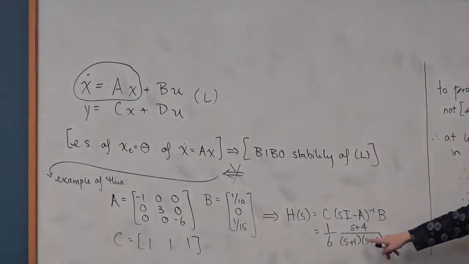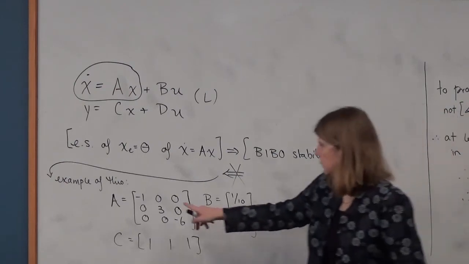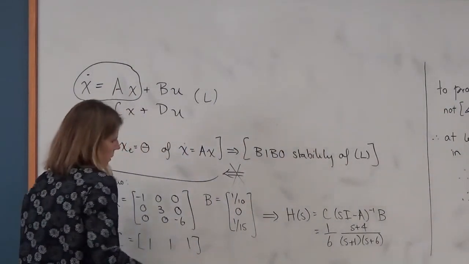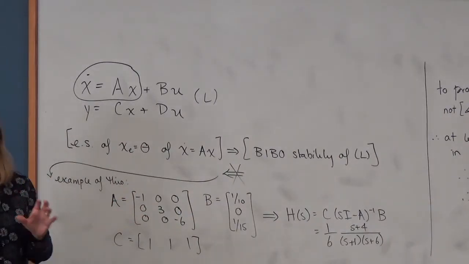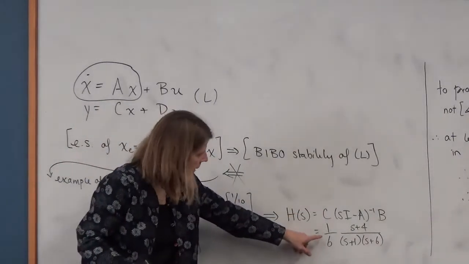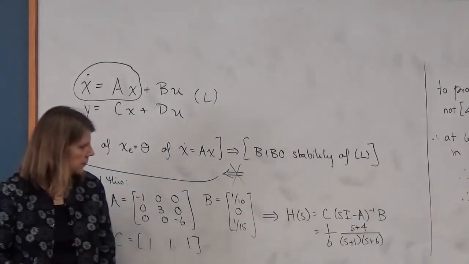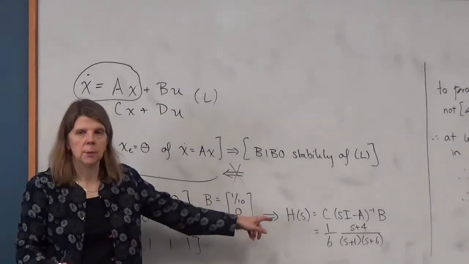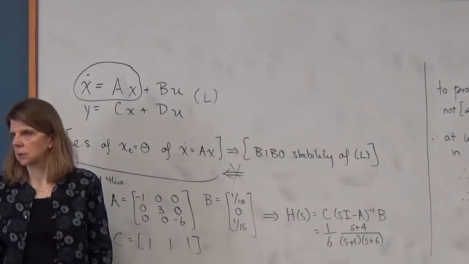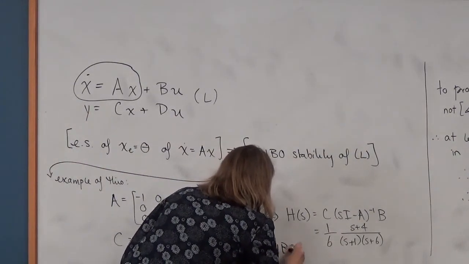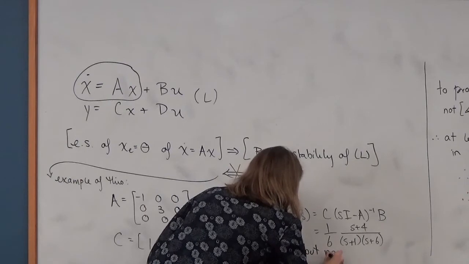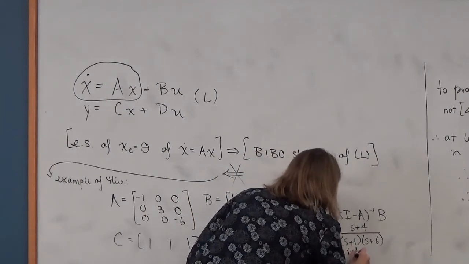The only eigenvalues that appear in the transfer function are the eigenvalues at -1 and -6. So if you could only see the system from its input-output response, you'd say that's a stable system. But it's only BIBO stable. It's not internally stable. BIBO, but not internal.